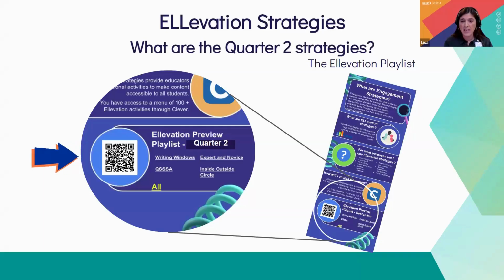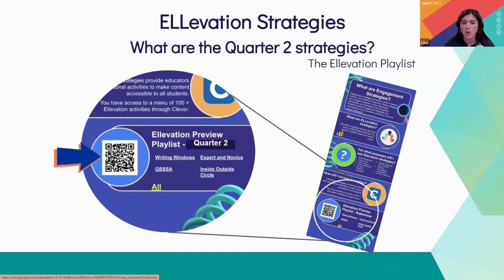Now, another platform that we have to assist you with engagement strategies for your lessons is the elevation strategies. This can assist in additional supports. They're going to provide practical ways to differentiate instruction for specific students across all your content areas, and they're also going to provide some instructional activities.